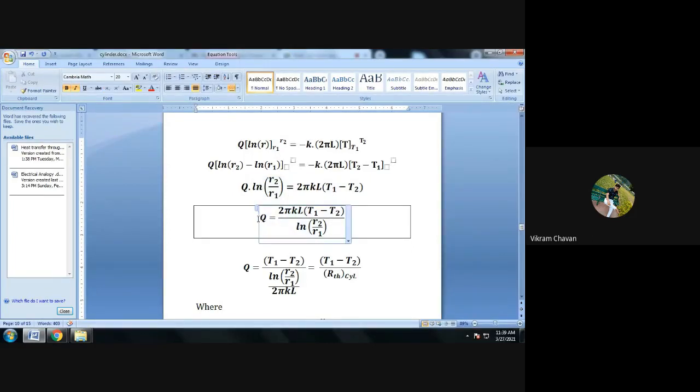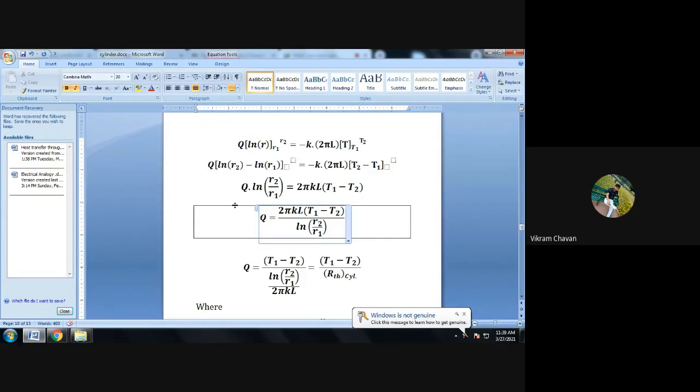So Q is equal to 2 pi kl multiplied by t1 minus t2 whole divided by ln of r2 divided by r1. Getting everyone? Whether you understood or not?